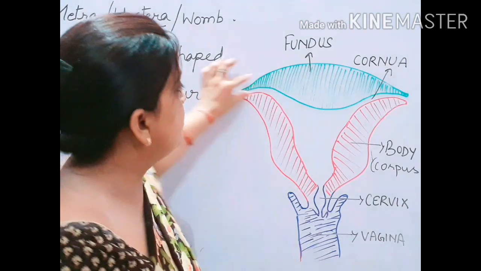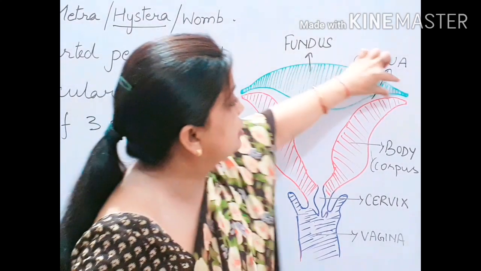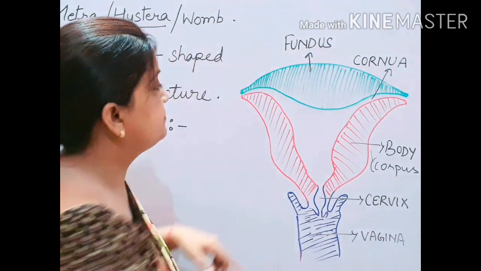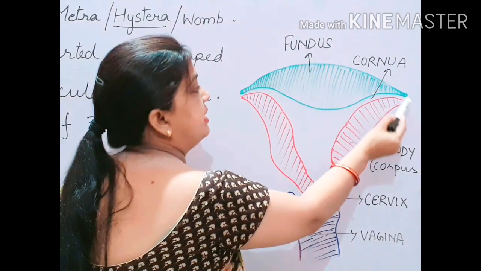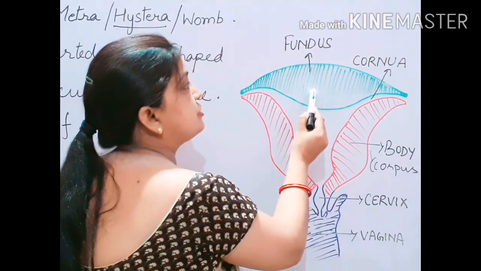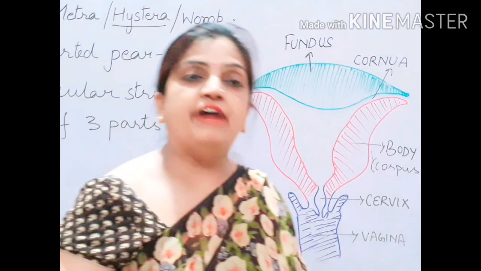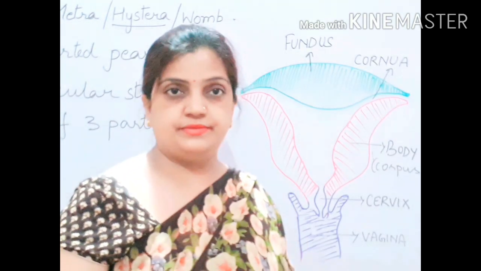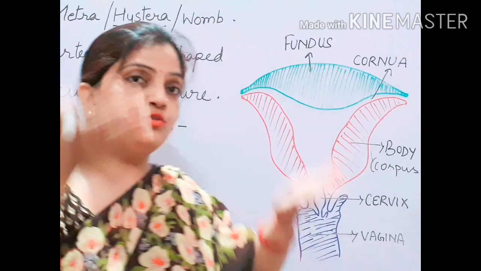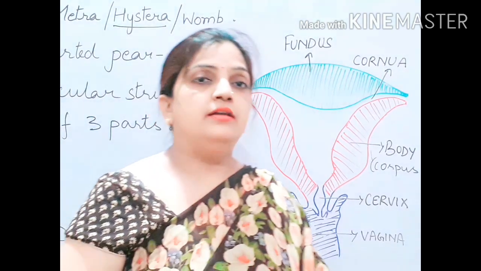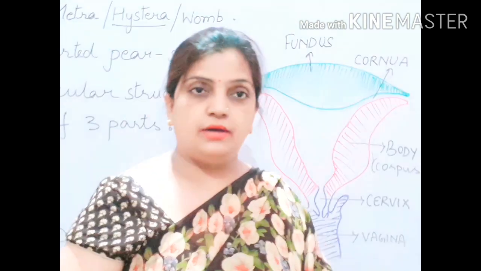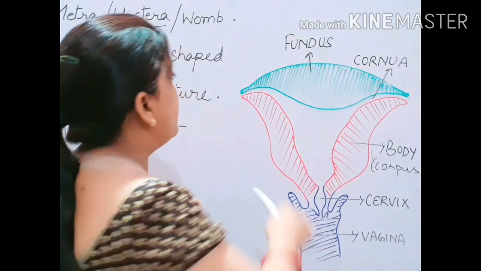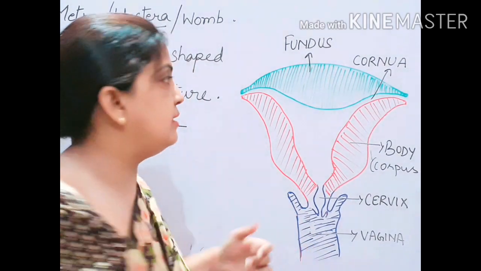You can see, children, this dome shaped structure in green color. This structure is the fundus of the uterus, which is the uppermost part of the uterus. Now the second part was cornua. Cornua is the corners, by the name only you can understand.